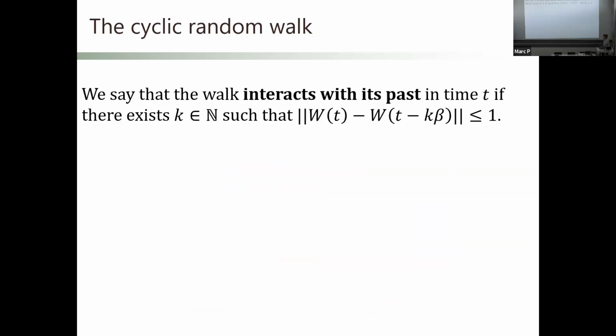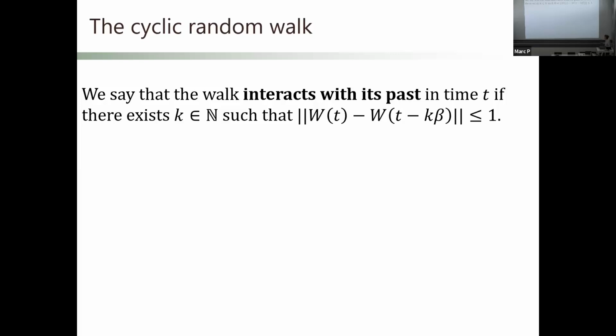And to make that more precise, we say that the walk is interacting with its past if there's an integer multiple of beta such that the distance from its current location to its past location is equal to 1. And that means we'll have revealed some information about what happens next in the path. If this was exactly equal to 0, that would mean that we've already closed up a cycle and we're just going around and around.